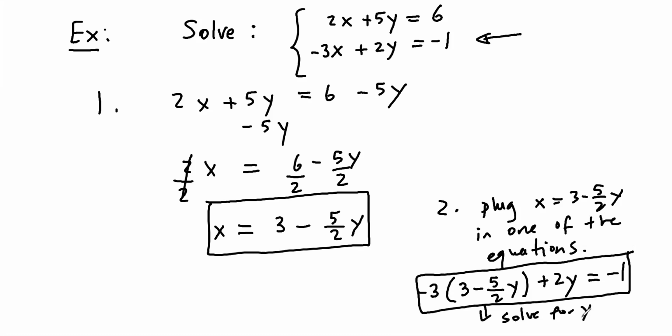That requires several steps. First we need a distribution, then we need to collect the like terms and so on. Let's do that on the next page. So negative 3 times (3 minus 5 over 2 y), then plus 2y equals negative 1.